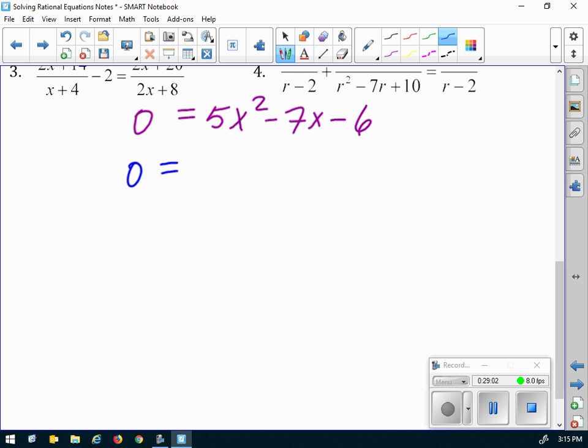So GCF? No GCF. It's got to be 5x times x, doesn't it? What are my signs? I don't know if the minus goes with the 5x or the plus goes with the 5x. So we're just going to hang on a minute.